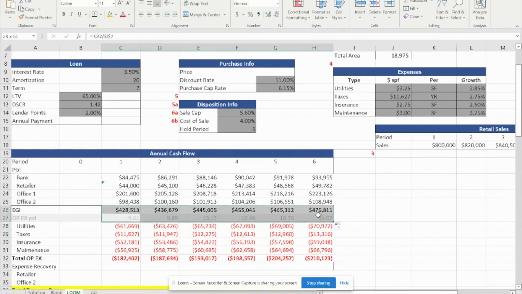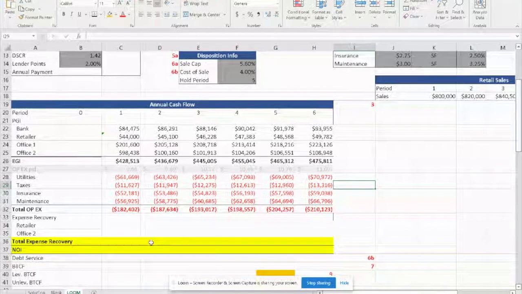If we did that, we should be able to now go back down here to calculate the expense recovery. The expense recovery is not difficult, but it's important that you know how to calculate it.